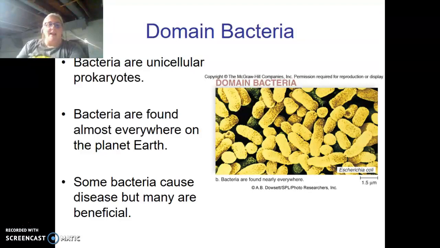So Archaea are very much extremists, whereas bacteria often are found in the same places that animals survive. So we wouldn't survive typically down in the hydrothermal vents, and so a lot of bacterial species can't survive there either.